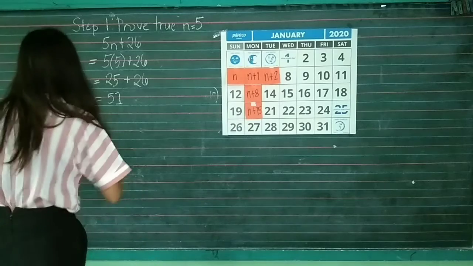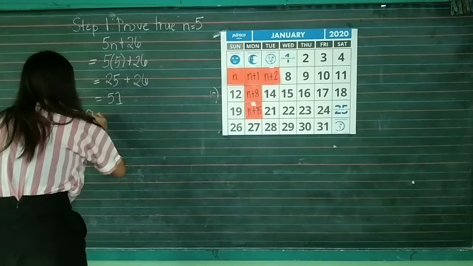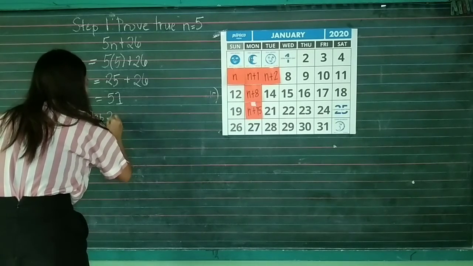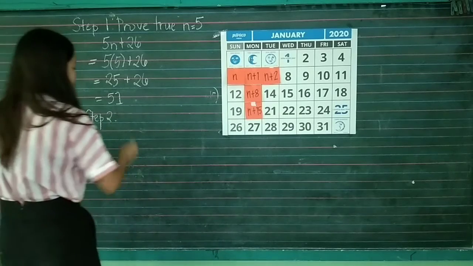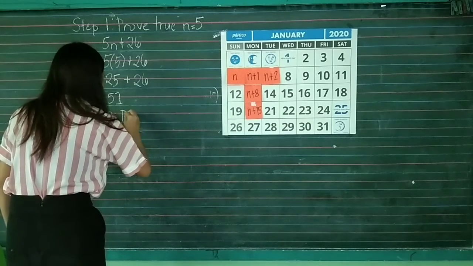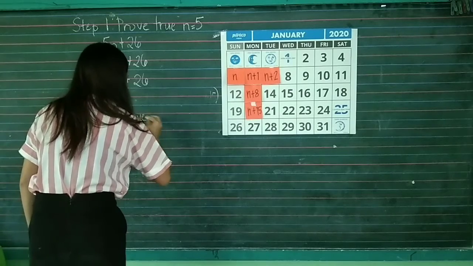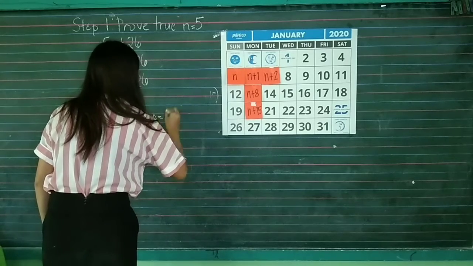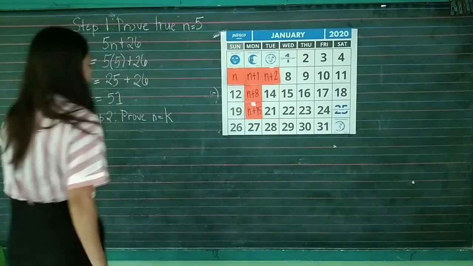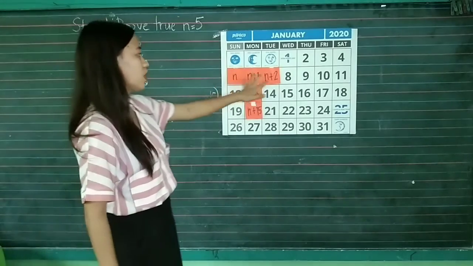Step 2. Prove that it holds where n is equal to k. So we have this equation.